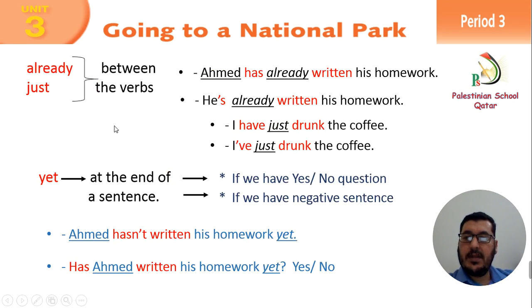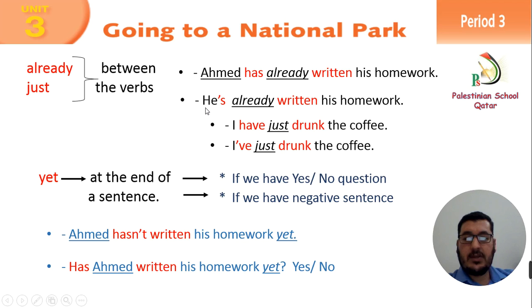Now we start with already and just. We put already and just between the verbs. For example, Ahmed has already written his homework. Now already I put between the two verbs, has and written.